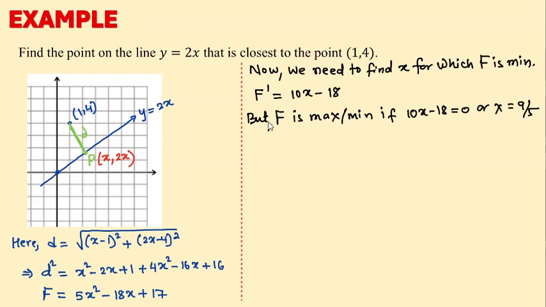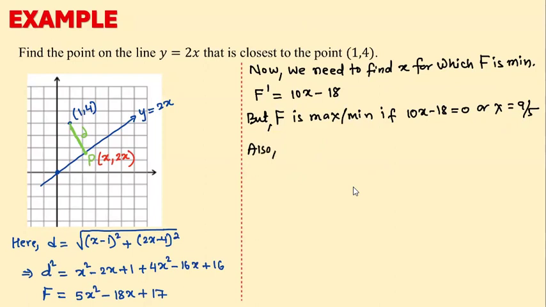So what we know is the value of f, in other words the distance, is maximum or minimum when x equal to 9 over 5. At 9 over 5, we have to find the second derivative to determine whether the function is maximum or minimum. So let's find that.